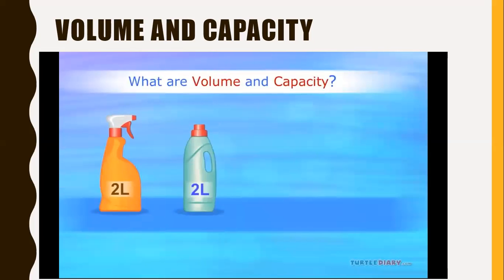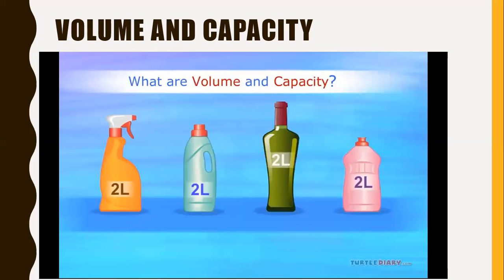Look at the following bottles. They all look different. They have different shapes, different heights, different colors, and different liquids inside. But they have one common property. The amounts of liquids inside the bottles are the same.